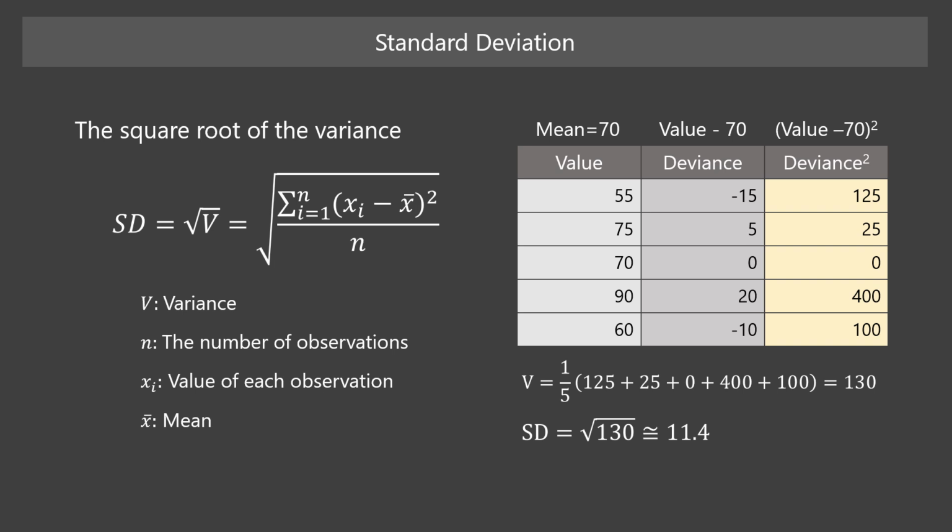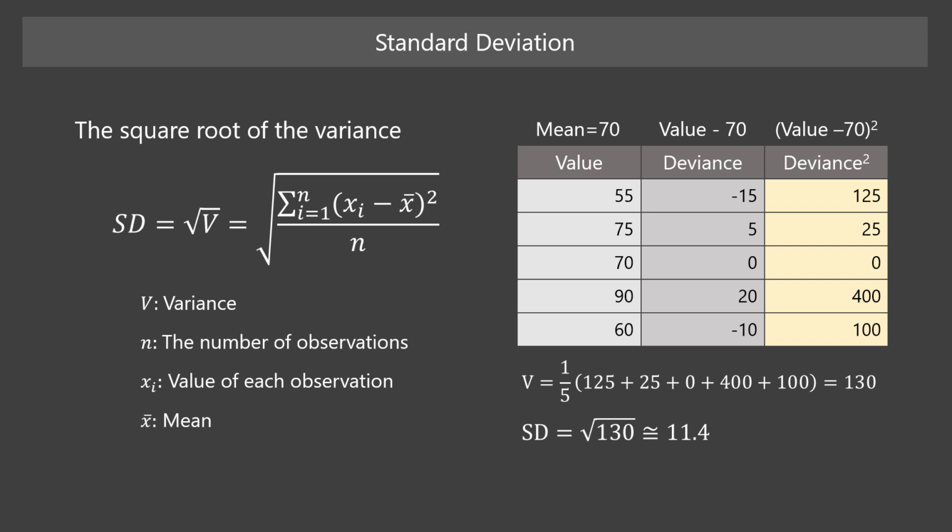By using the square root of the variance, we can revert the unit. The square root of the variance is called a standard deviation. As with the variance, the more dispersed the data is, the larger the standard deviation is. But since it is a square root of the variance, a standard deviation has the same unit as the original value.